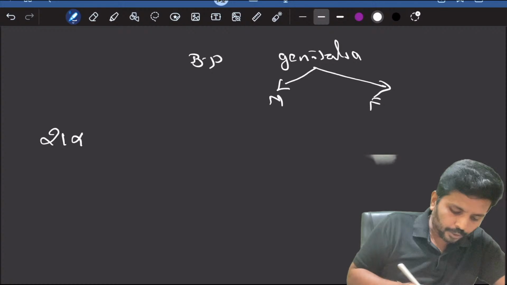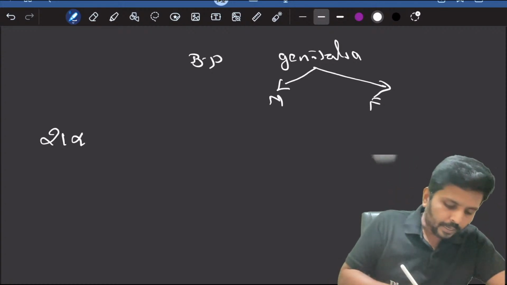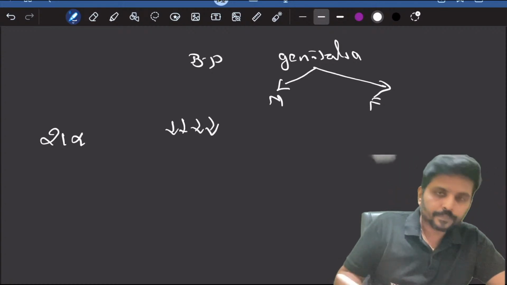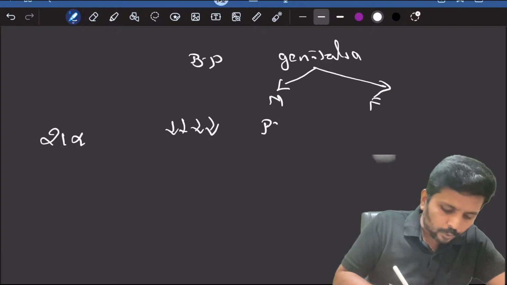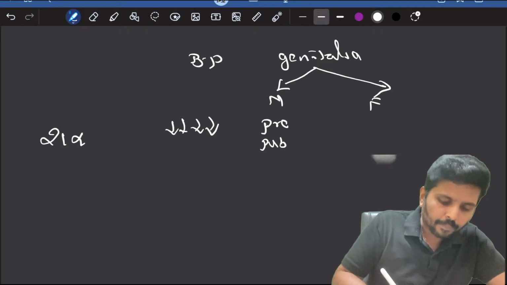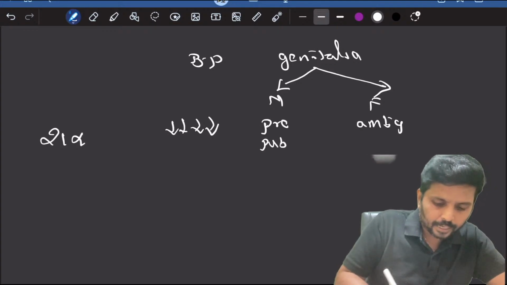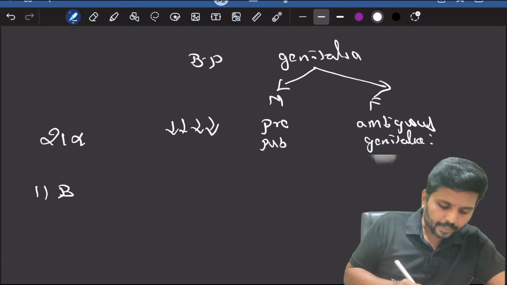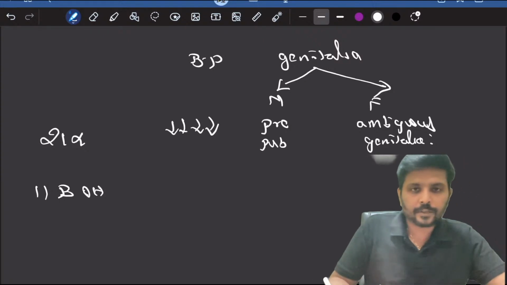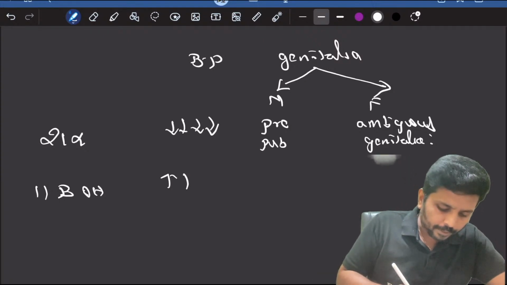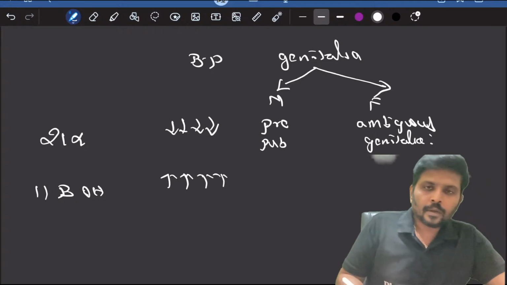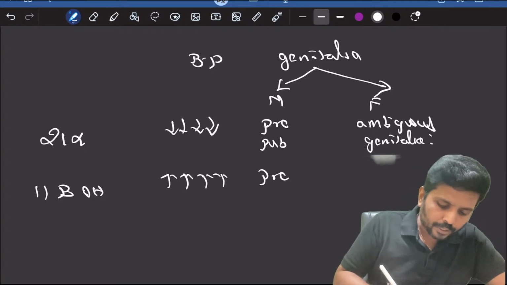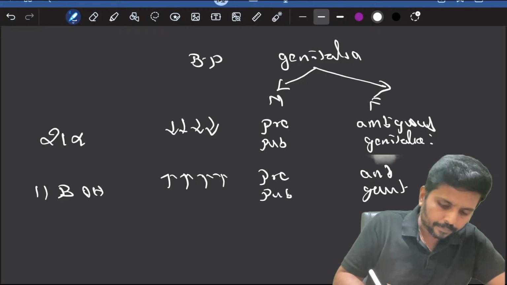Point number 1, 21 alpha hydroxylase, in which you will get hypotension. In male, you will get precocious puberty. In female, you will get ambiguous genitalia. Second, 11 beta hydroxylase deficiency, in which you will get hypertension, and in male same precocious puberty, in female ambiguous genitalia.